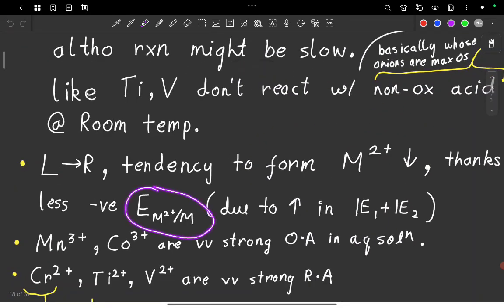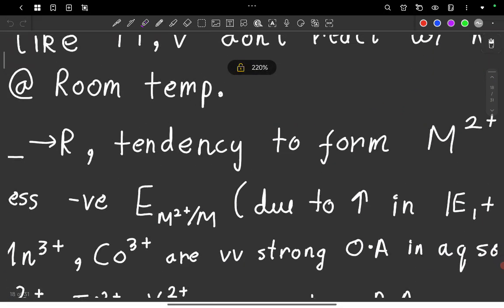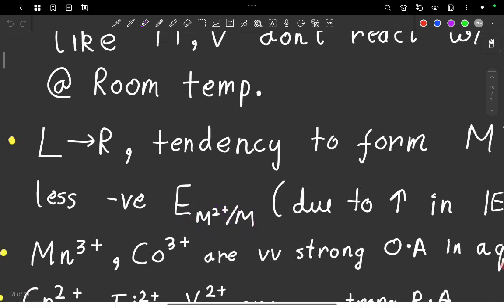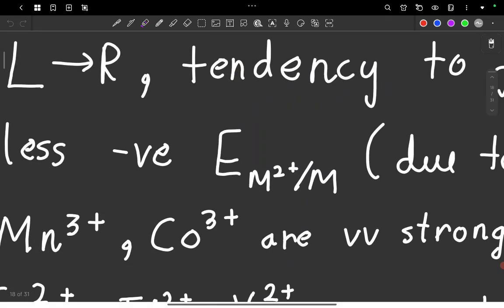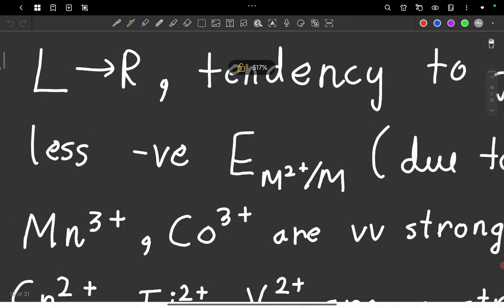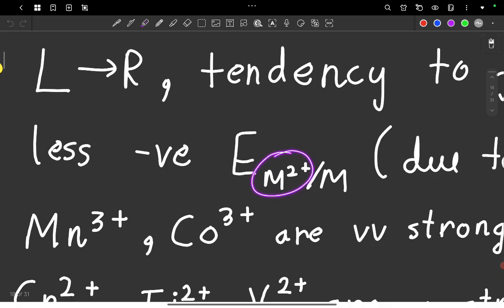In fact, this means that the spontaneity of going from the +2 state to the original metal state, if it gets less negative, means that the metal now is starting to get more confused. Currently it was very sure about staying in the +2 state, but if the E naught started getting less negative, it is now starting to get more confused about which option to pick.